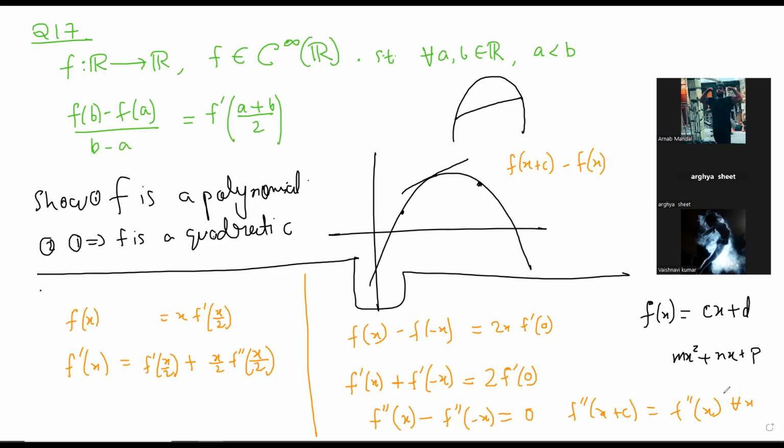Is it fine? Can you explain it once again? I did not get this. Which part? The last, f double dash. So if you see this one, you agree that f double dashed is equal to this, f double dashed of minus x.